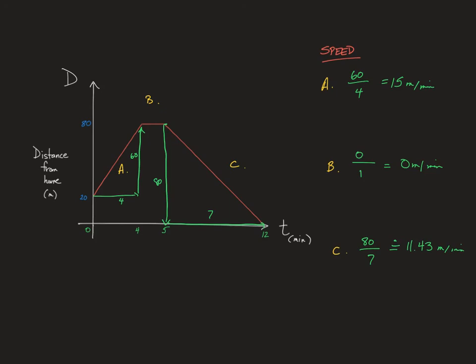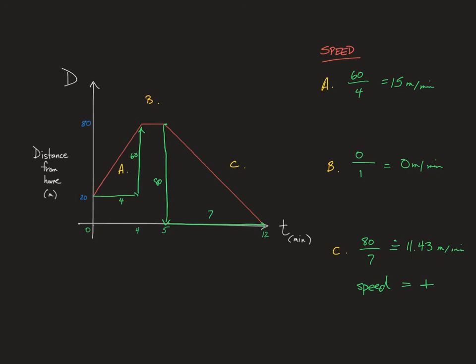Now, a couple things to highlight. First off, I want you to notice segment C. When we ask the question, what is the speed? Speed is always positive. Always. So don't be alarmed if you had a negative 80 over 7 when you calculated the speed on segment C, because your line segment was going down as we move to the right.